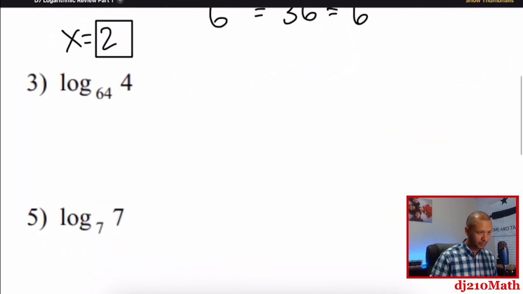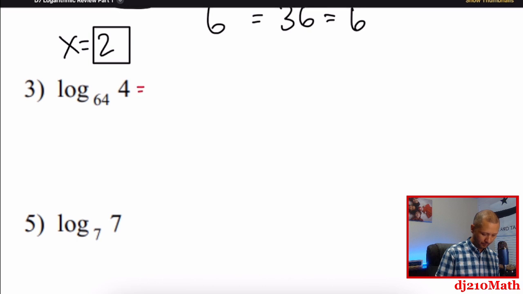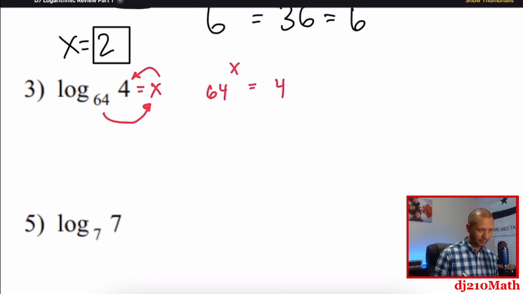Number 3. So 64 to what power is equal to 4? The number's getting smaller, which is kind of a hint. So 64 to what power equals 4? Again, I can write them as the same base. 4 to the 4th power? 4 times 4 is 16, times 4... oh no, 3rd power.